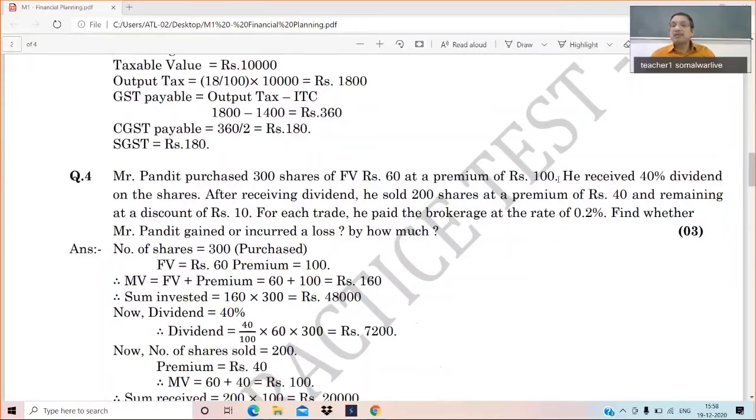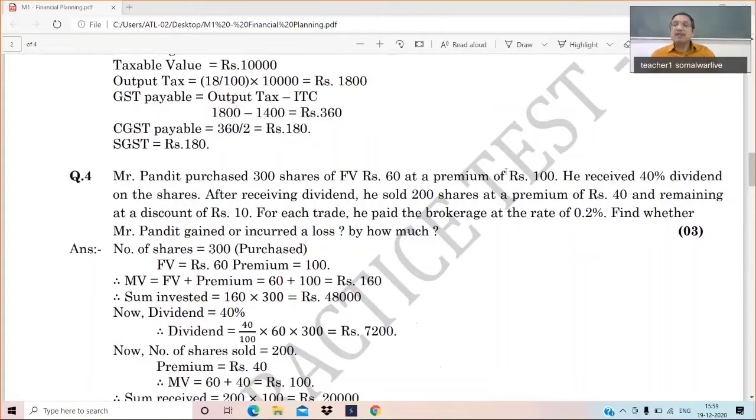At the time of purchasing, the share was at a premium of rupees 100. He received 40% dividend on the shares. After purchasing, he received 40% dividend. After receiving dividend, he sold 200 shares out of 300 at a premium of rupees 40.